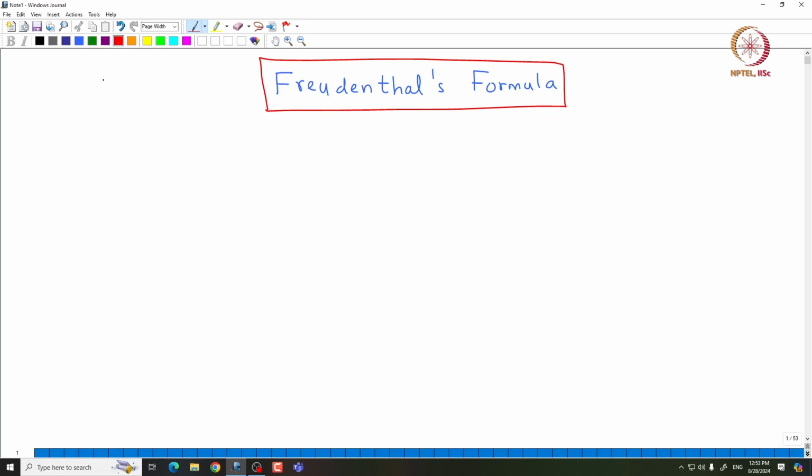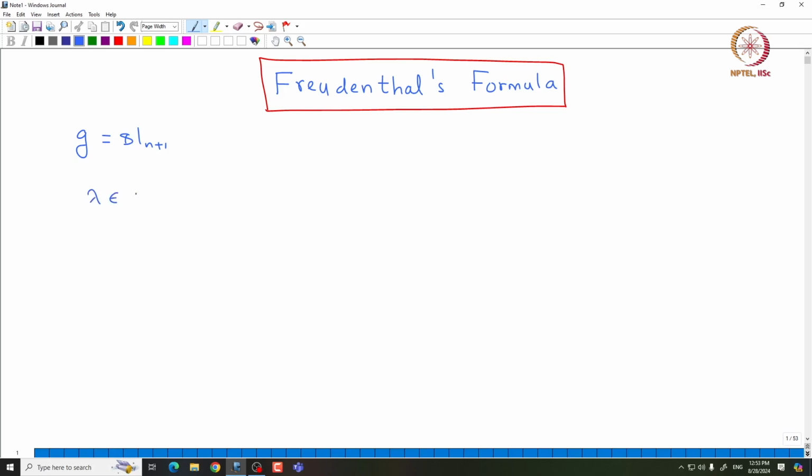Let us recall for SL_N. Given a dominant weight lambda, we have the finite dimensional irreducible representation associated with that dominant weight lambda, which will be denoted as V lambda.